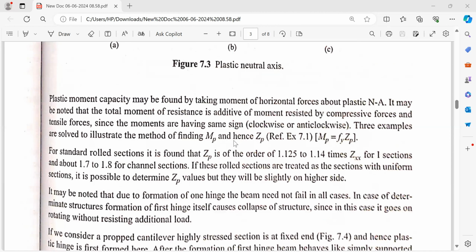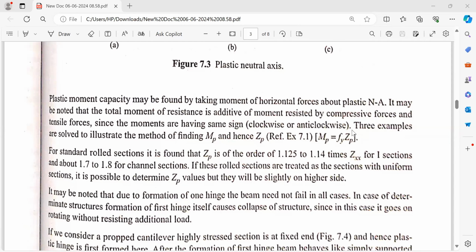In the case of the bending moment formula, we have M equal to F into Z. In the earlier case, we were considering the elastic bending moment equal to Fy into Z elastic. The same formula is used here also. MP, the plastic moment capacity, equals yield stress into ZP, where ZP is the plastic section modulus.